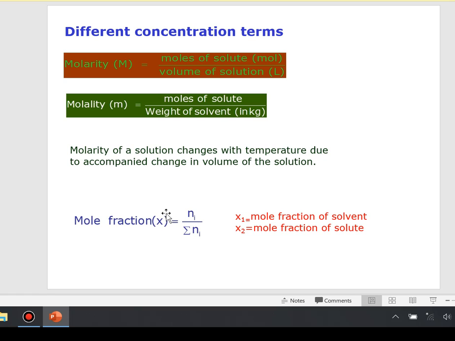In the mole fraction, that is equal to the number of moles of the component 1 upon the sum of the number of moles of the components. Suppose we have taken a binary solution. In the binary solution, mole fraction of component 1 will be equal to the number of moles of component 1 upon the sum of the number of moles of component 1 and component 2. That is the mole fraction. And mole fraction has no unit because it is a ratio.